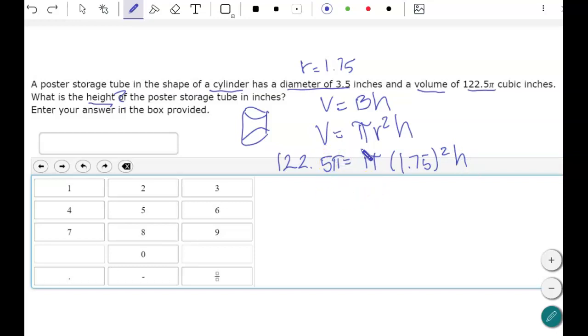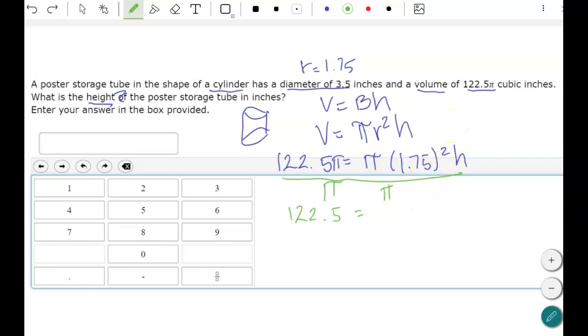So the first thing I'm going to do is divide both sides by pi. And all that's going to do is cancel it out, because pi divided by pi is just 1. So you're left with 122.5 on this side. Over here, pi divided by pi is 1.